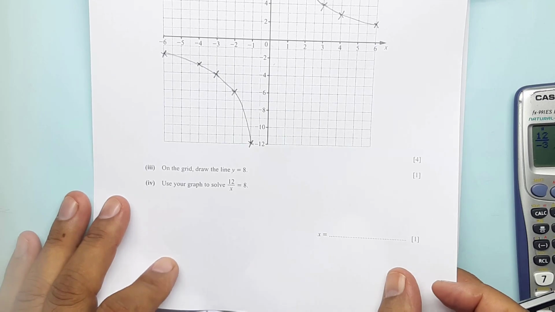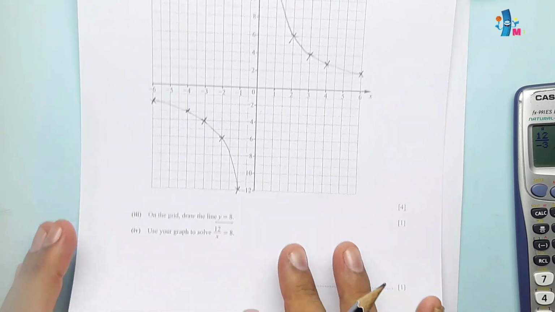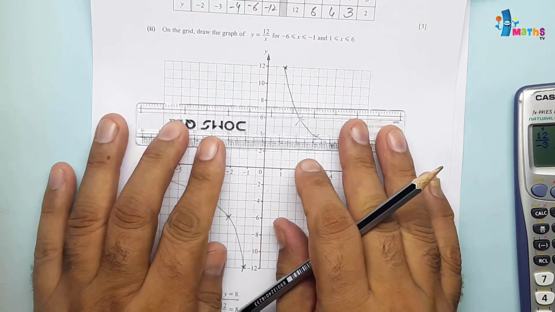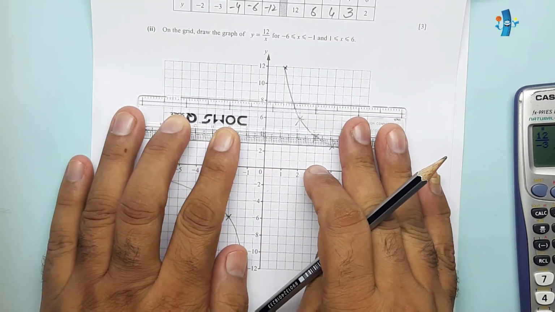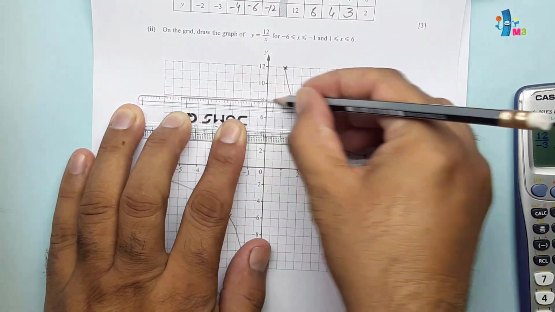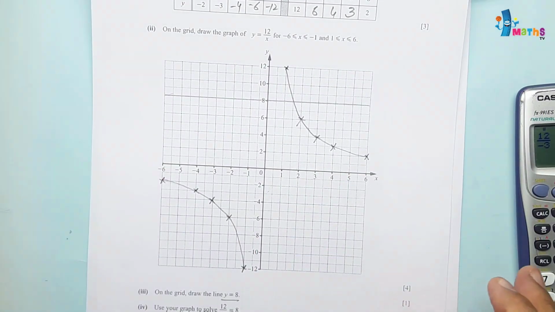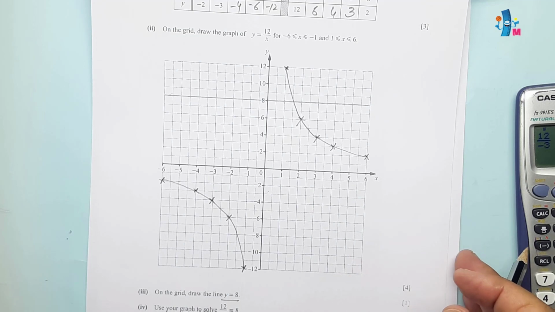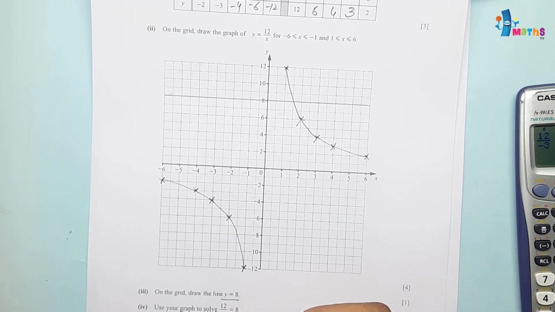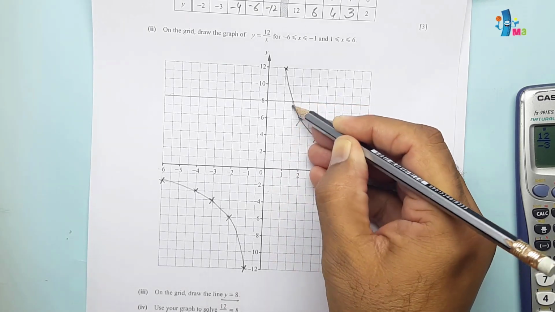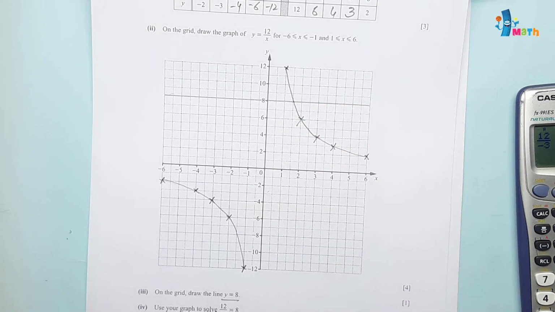Then they are saying on the grid, draw the line y is equal to 8. y is equal to 8 is just this line. It's simple. Just draw this line. Then use your graph to solve 12 over x is equal to 8. So y is equal to 8 is this solution, right? This is 1.5.